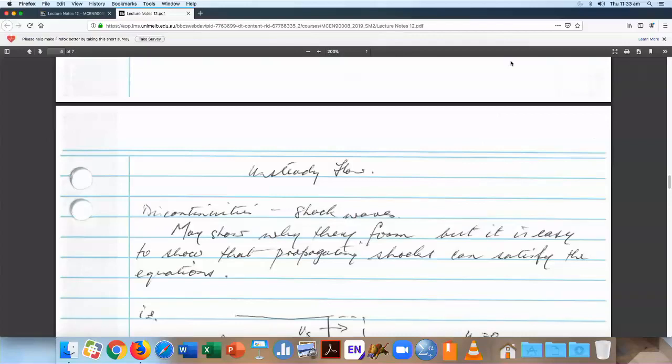So now we're going to talk initially about an unsteady problem, but it has a shock wave in it.